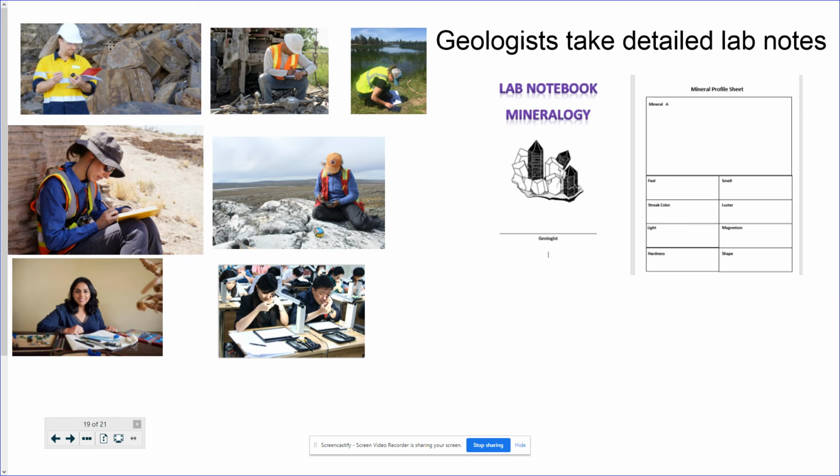It might be that we're doing field work out here and then we have to send it into the lab, and then they have to read your notes, put it in the computer and do more testing. Then they might have to go into the business sector and say, can we sell this? So we have all these different people working together as one team, and detailed notes are a must.